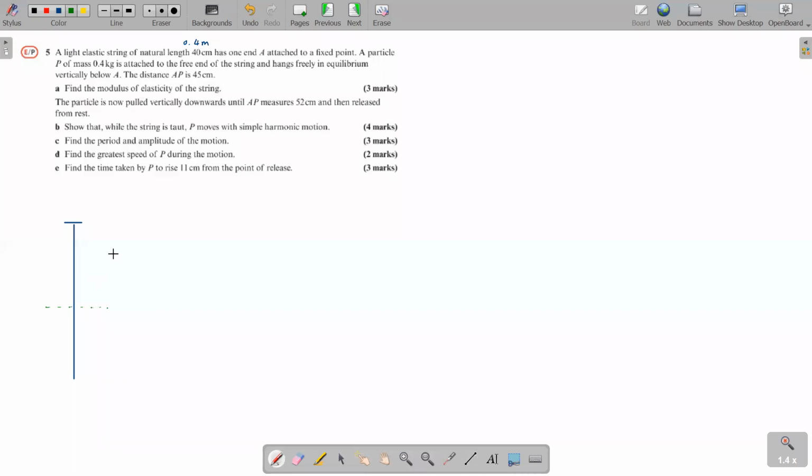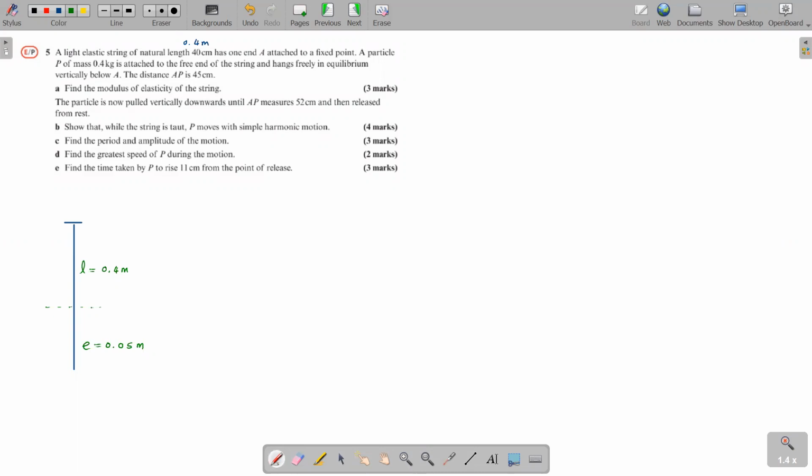This is the natural length, 0.4 meter. And the extension is now 0.05 meters.